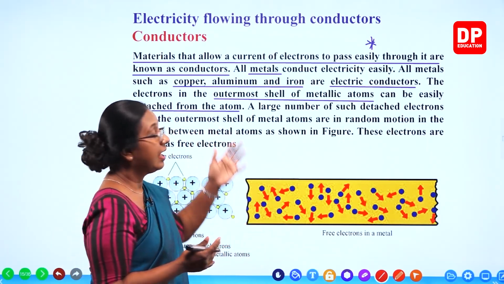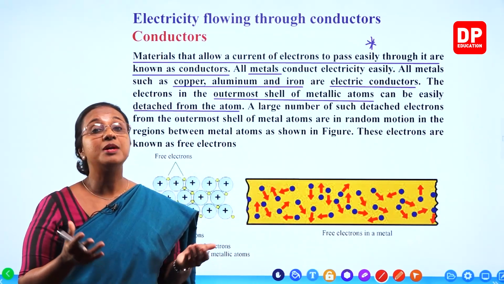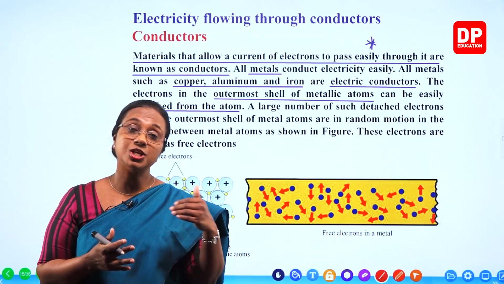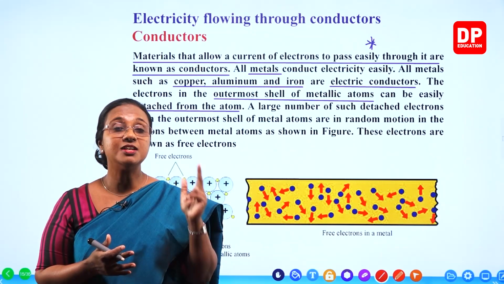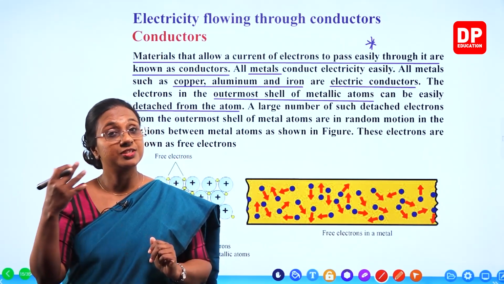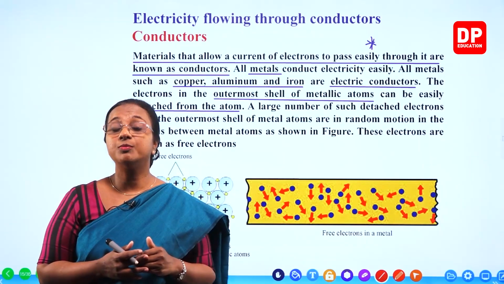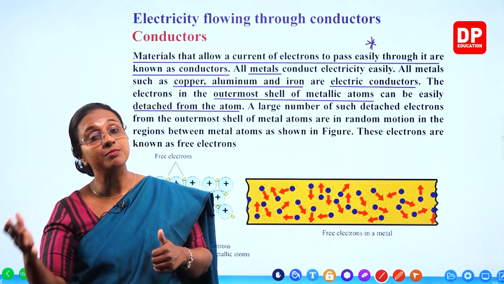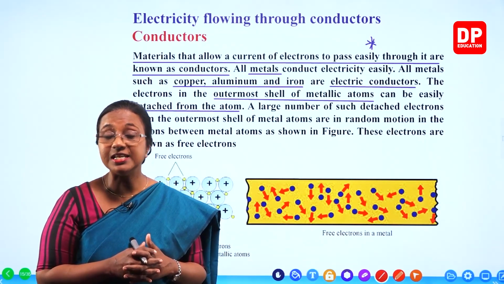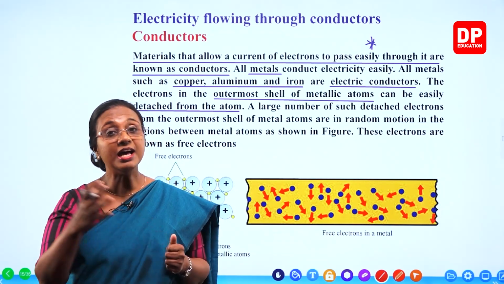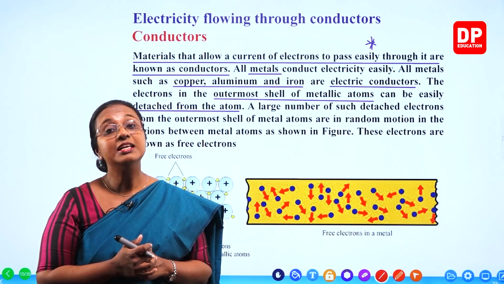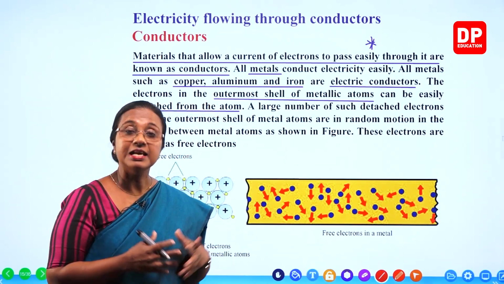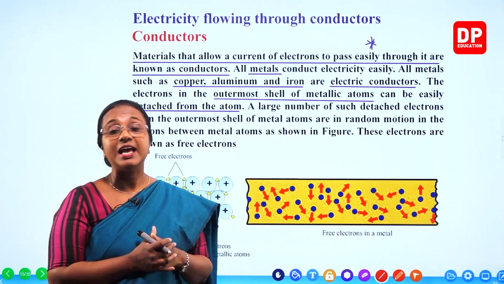If you take an atom like carbon, carbon only has 6 electrons, with the electronic configuration 2, 4. There are electrons in only 2 shells, so the second shell becomes the outermost shell, and electrons from the second shell can move. You all know graphite is a good conductor of electricity. But for metals like copper, aluminium and iron, again there are different numbers of electrons.